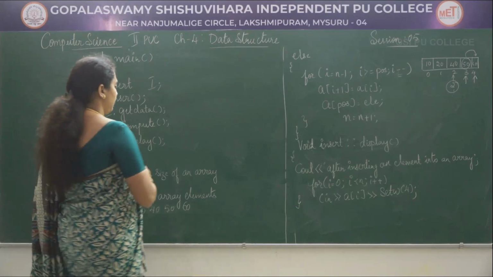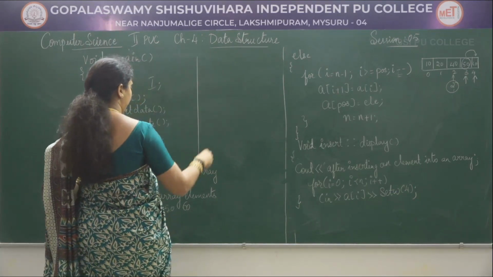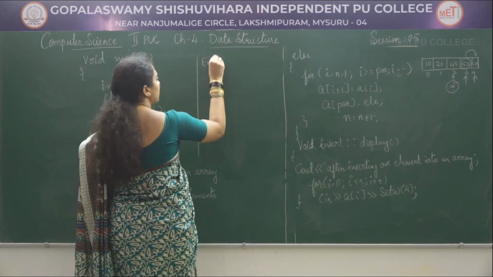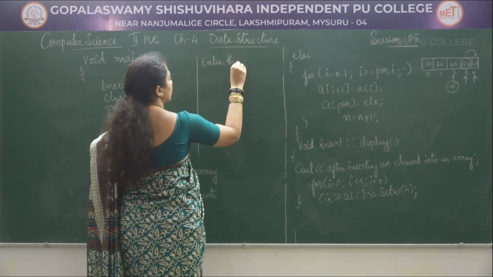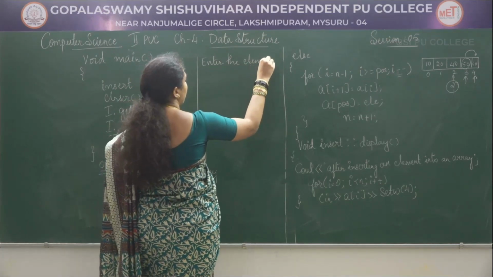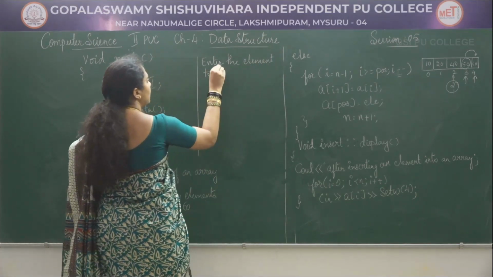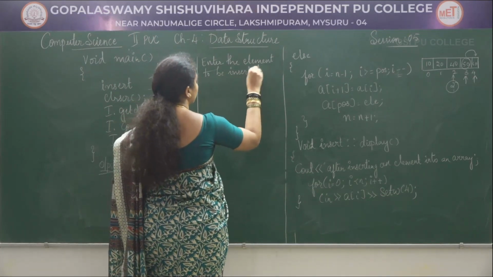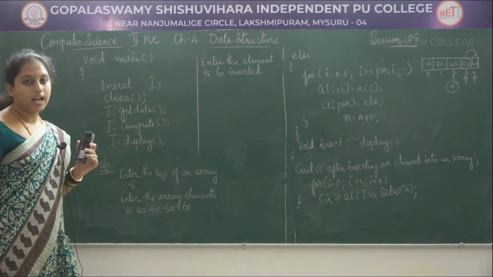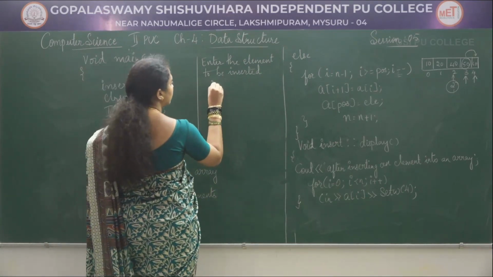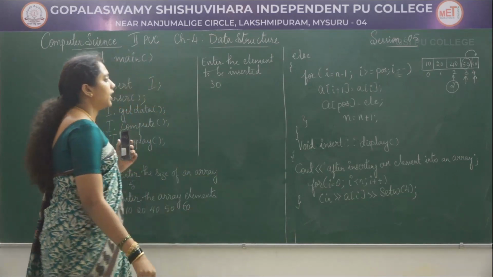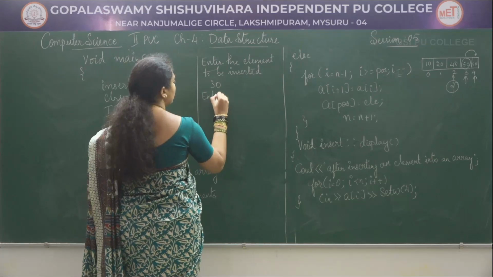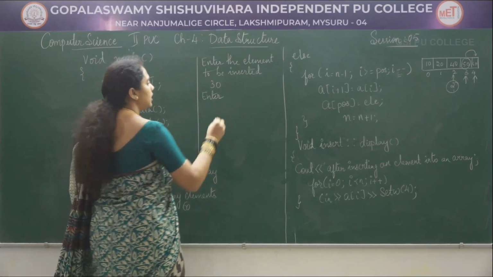Next is enter the element to be inserted. So which element we want to insert? We want to insert an item called 30. Next we have to accept the position at which the element has to be inserted.